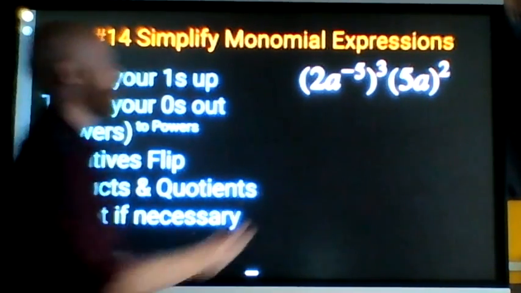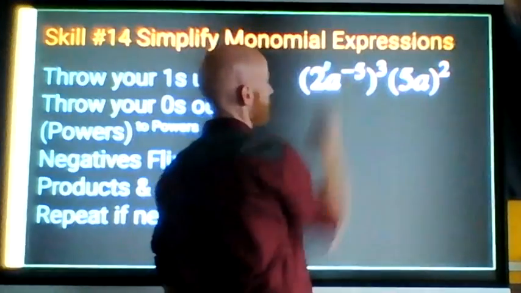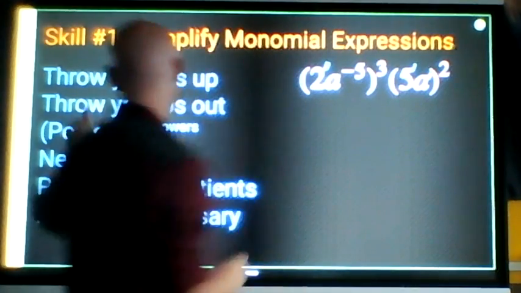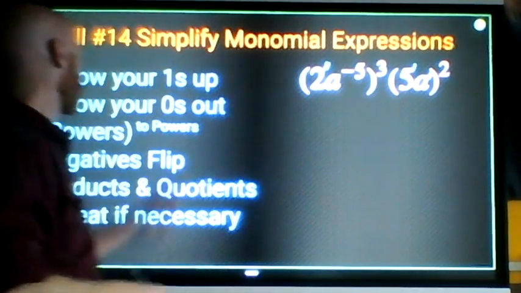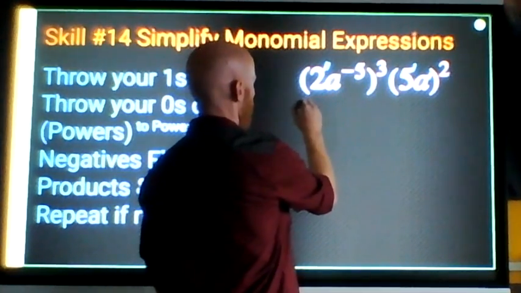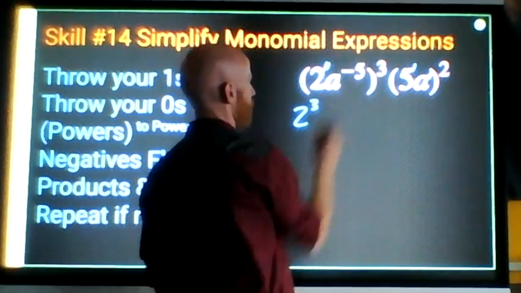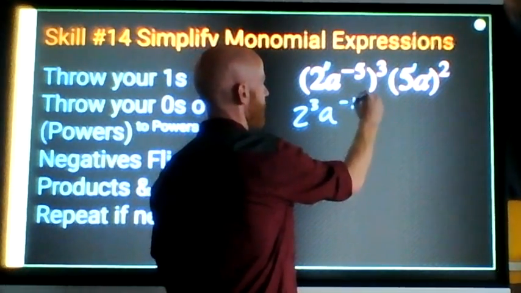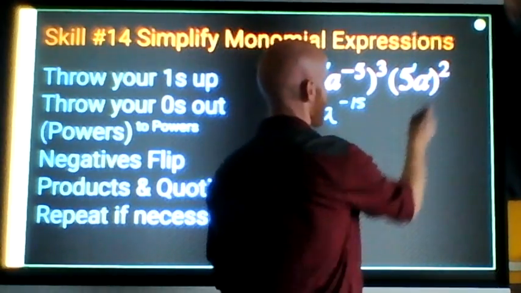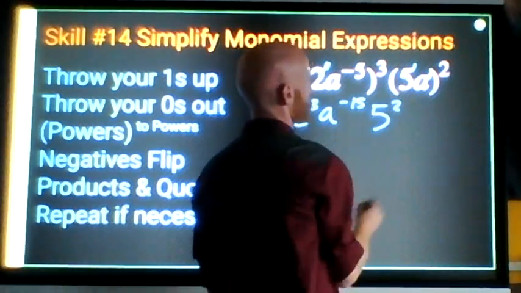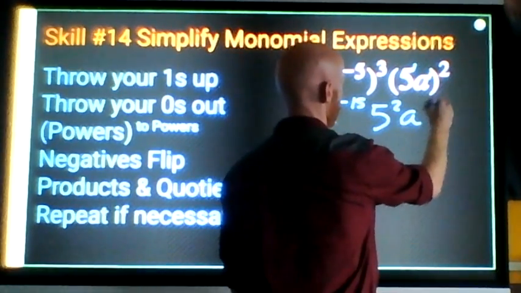Throw your ones up. Throw your zeros out. There are none. Powers to powers. 2 to the third. 3 times 1 is 3. A to the negative 15 times 5 squared, a squared.